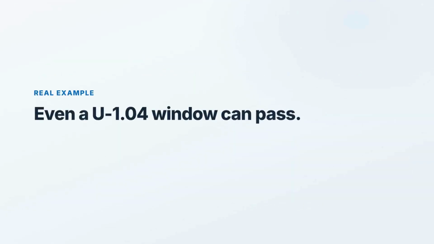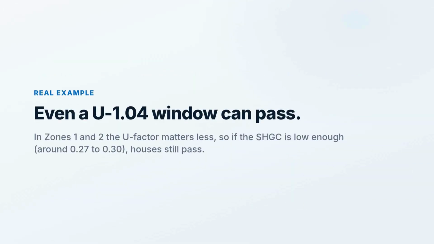I can just look at the things that somebody's giving me and I can tell them right off the bat, your house isn't going to pass. That's when they come to us with window values of a U factor of 1.04 and an SHGC of 0.35. In climate zone 1 and 2, and I already told you climate zone 1 doesn't care about U factor. In climate zone 2, the U factor is not as important.